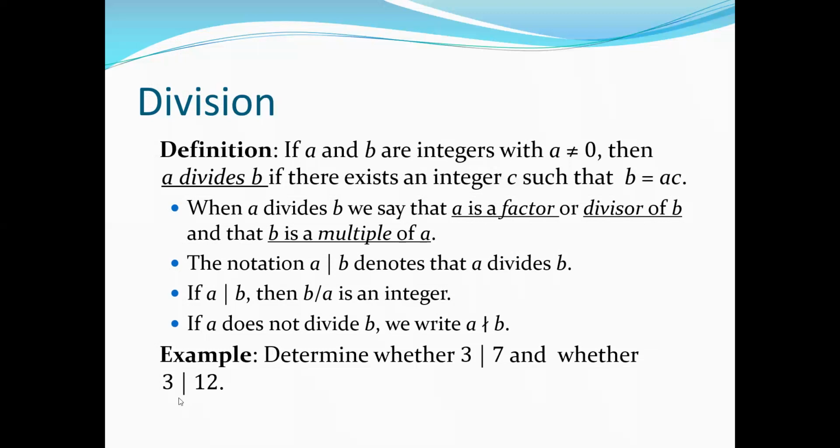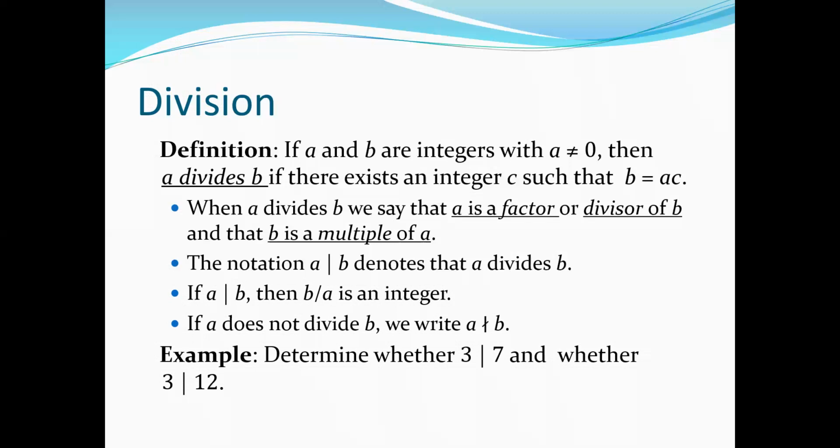Now 3 divides 12: 12 divided by 3 is a whole number, an integer, which is 4. Therefore, we could say that 3 divides 12. 3 is a factor of 12, and 12 is a multiple of 3. So that's the definition of division.